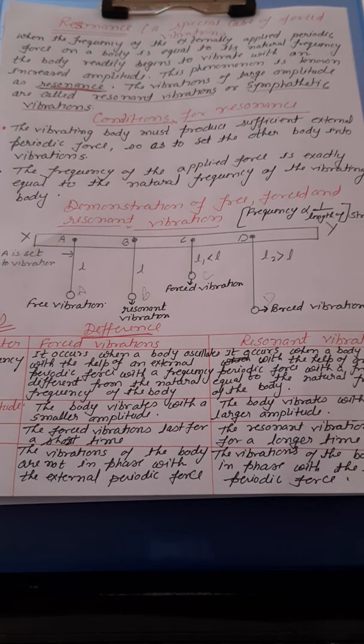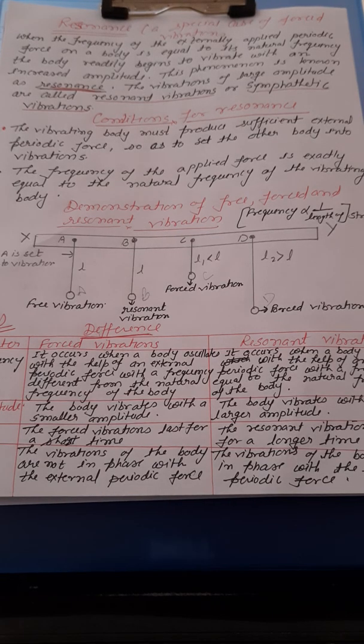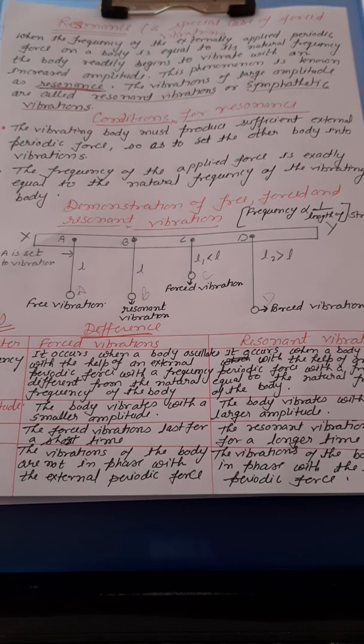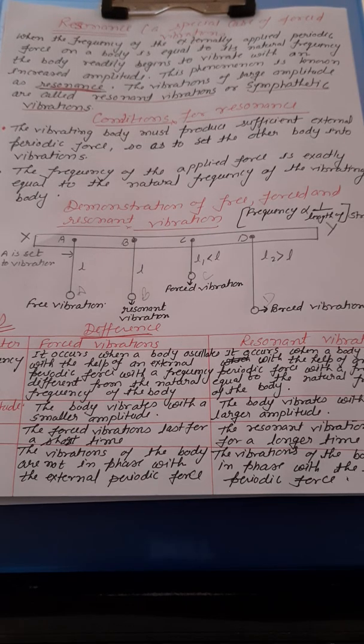Now here I would like to suggest, students, you must read the chapter and all the applications of resonance carefully. Examples of resonant vibrations: for example, at a particular speed in a motorbike, the frame starts vibrating violently.